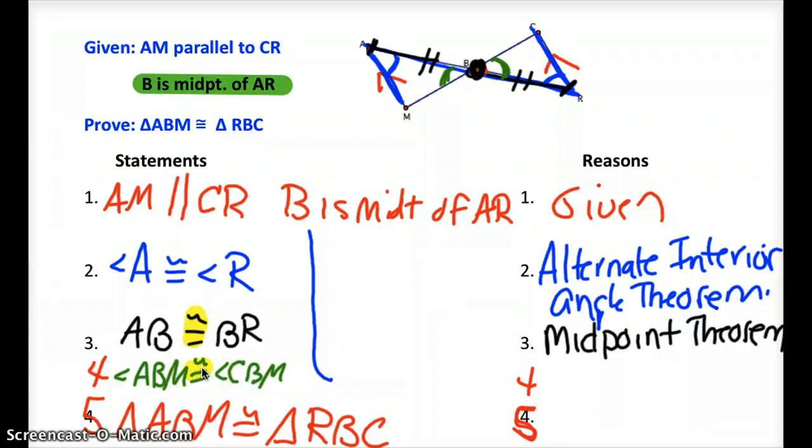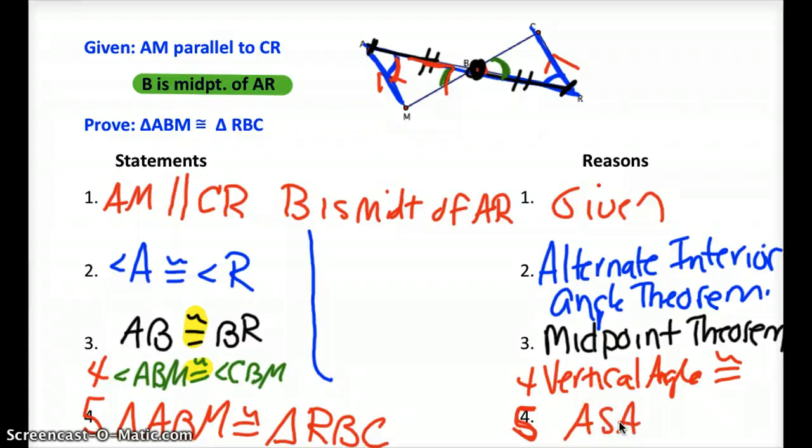So the theorem says congruent. So I need to use my vertical angles. Congruent is fine with me if you want to write that down, or if you want to write vertical angle theorem, that's fine with me as well. All right, now when I look at my triangles, I have 3 things marked. Why are my triangles congruent? My triangles are congruent by angle, side, angle.